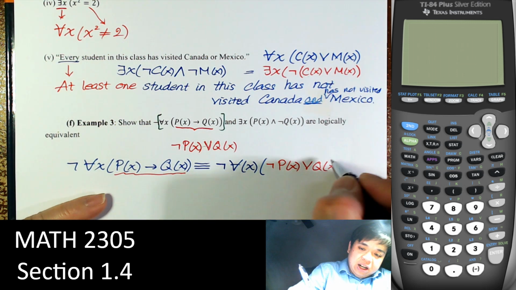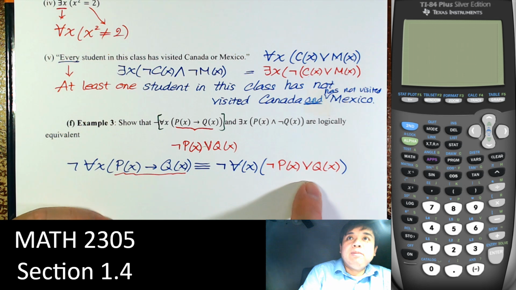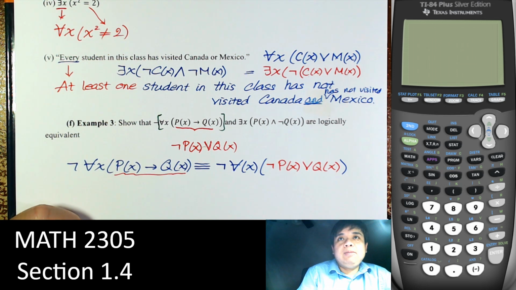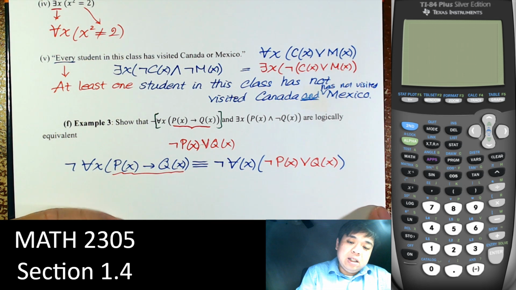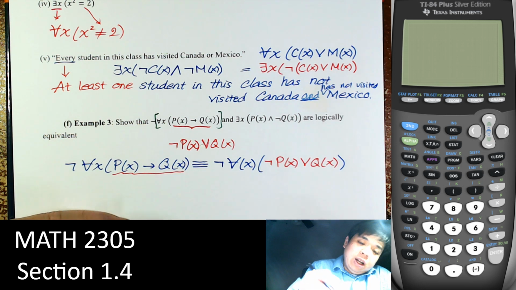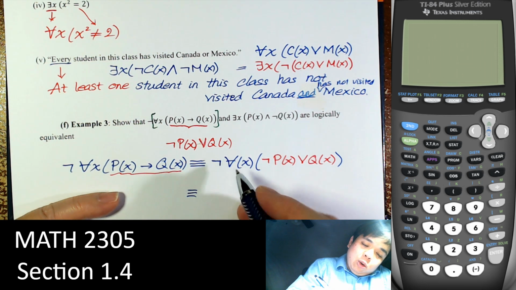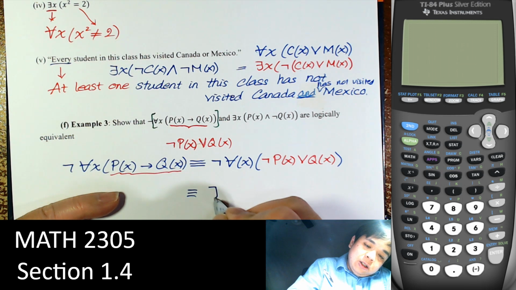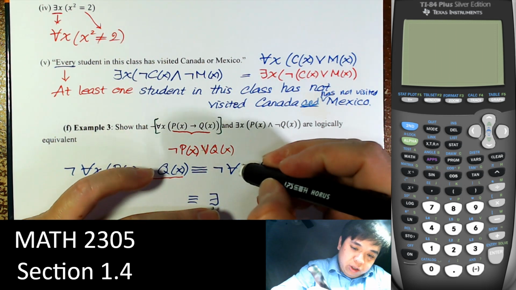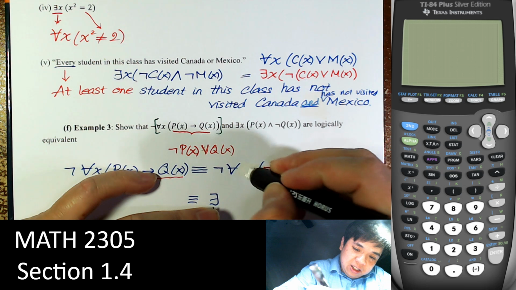That is the standard implication. Next, if we want to negate, we have to negate the quantifier. Don't put the x in parentheses like that.